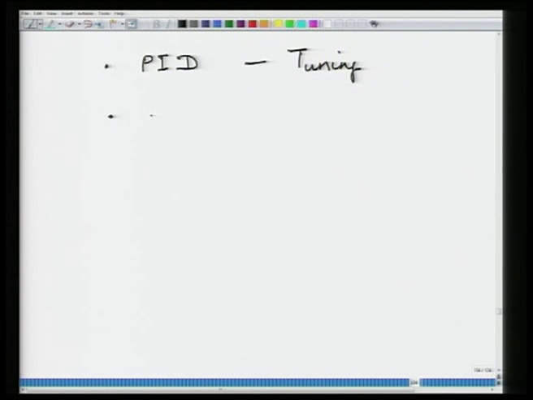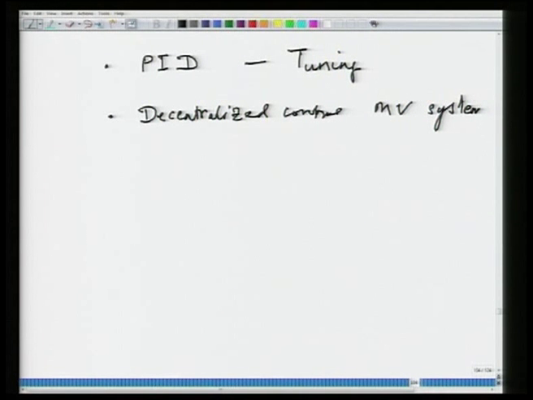We have looked at decentralized control for multivariable systems, and in order to understand how to tune it, we went through closed loop maximum log modulus tuning.